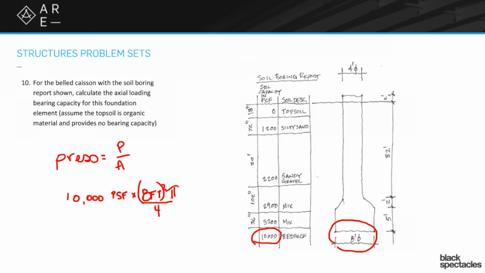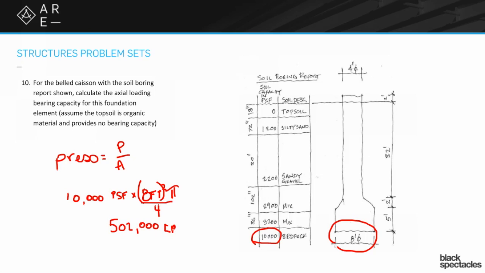So the 8 over 4 is... When you do the math, you get 502,000, you can write it as 502 kips. So that's the answer.